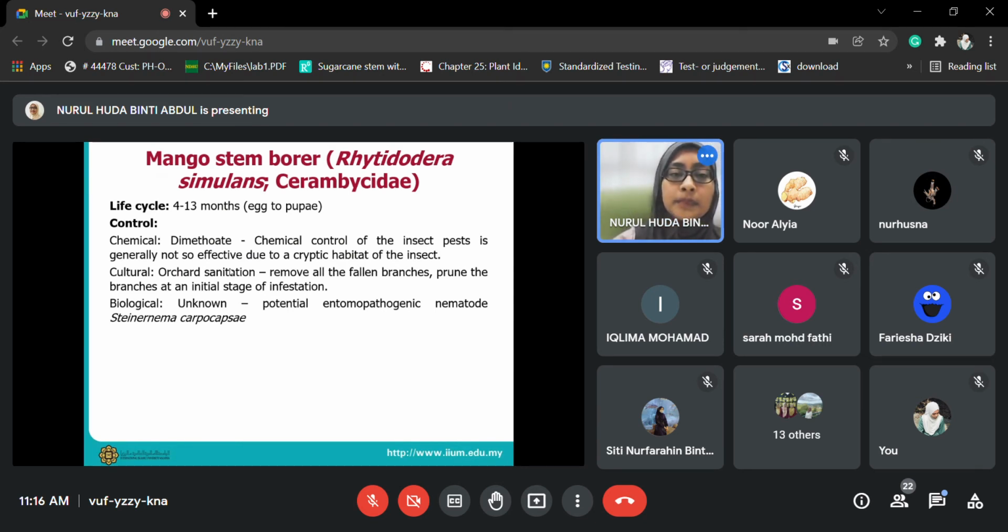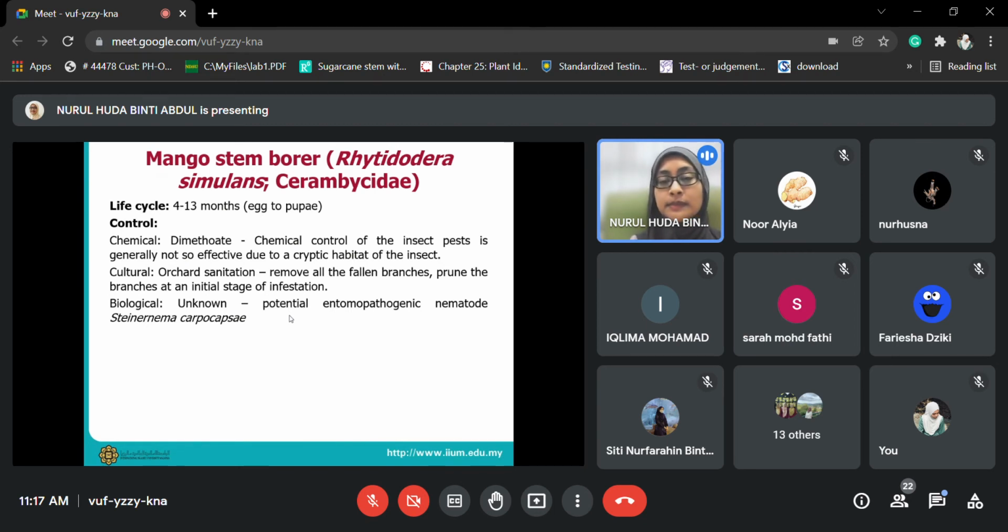And then for the one yang mungkin belum lagi patah dan jatuh, so you may do the pruning, the one at the initial stage of the infestation. Sebabnya bila dia start infest, you can see like I said, plant ni keluarkan exudate kan. So sometimes sebelum sampai trunk dekat yang dahan kecil tu, you can see the sign of the exudate ni dah.